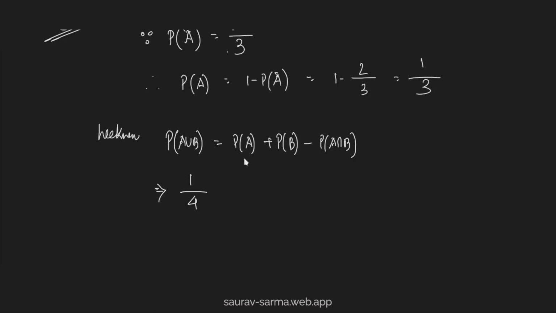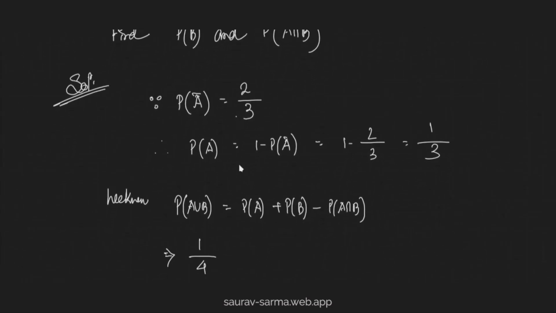So this implies 3/4 equals 1/3 plus probability of B minus 1/4.